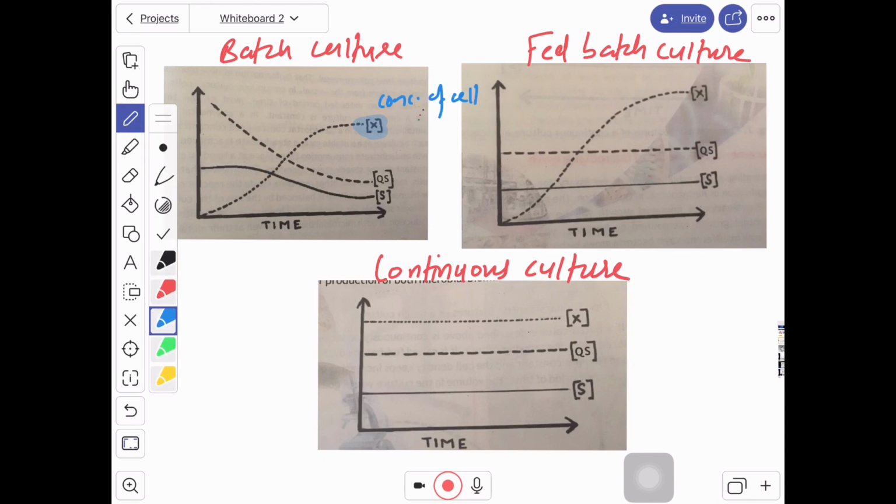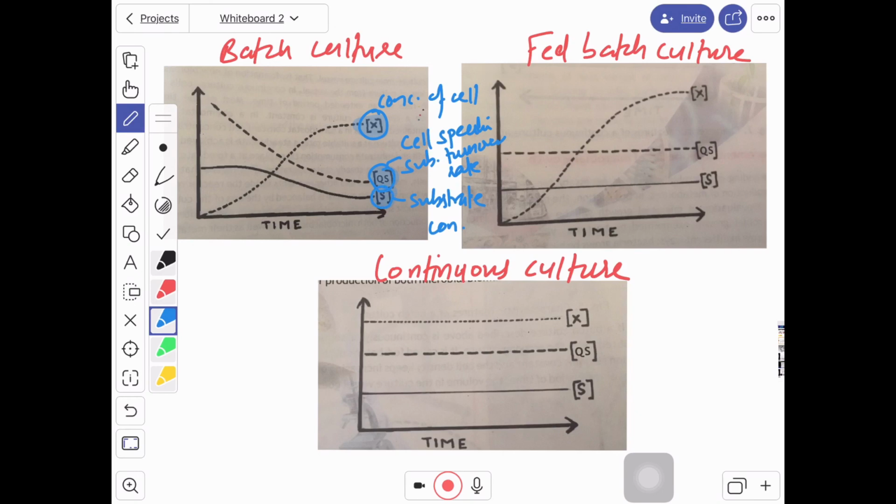Next is QS, and the third one is S. S is substrate concentration. QS is cell specific substrate turnover rate. These three characteristics are studied in the three different cultures.